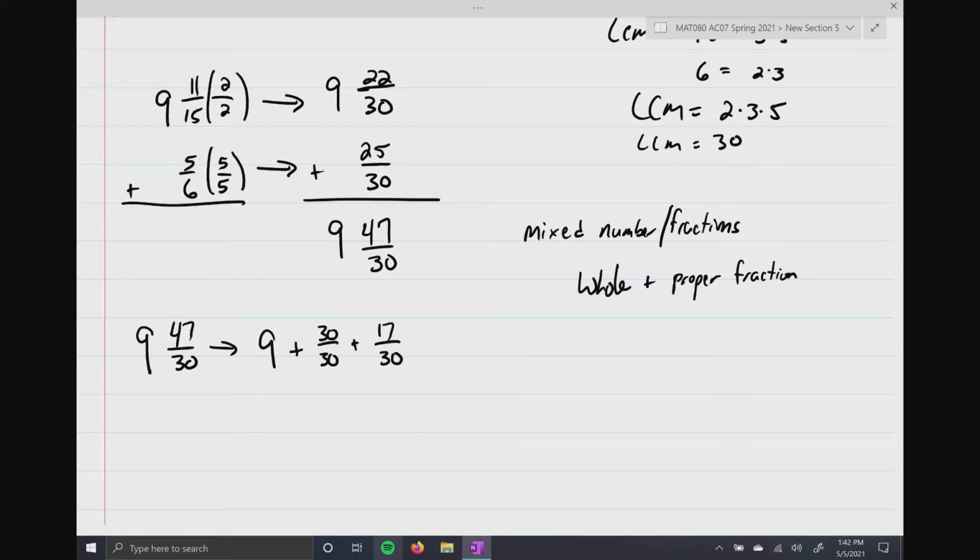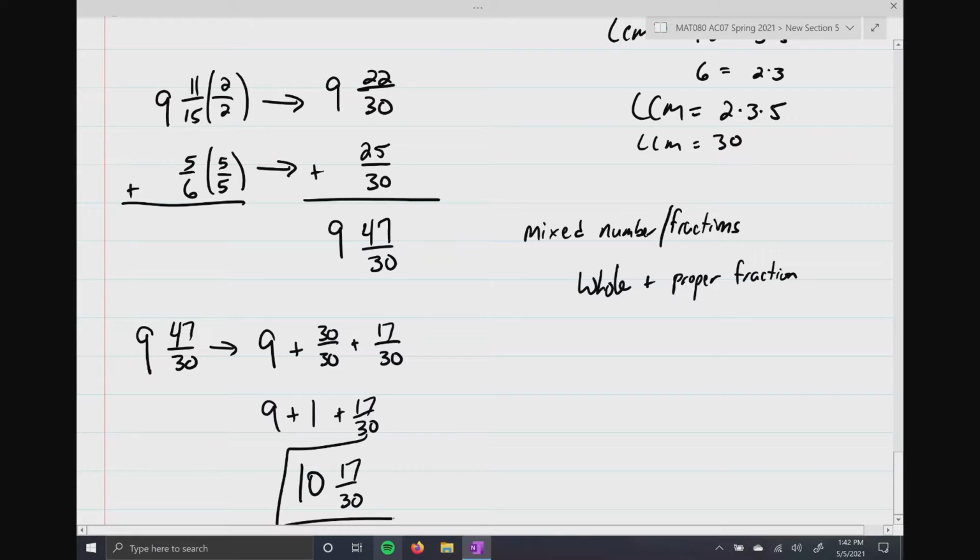Whatever was left over, in this case it was 17, I just write on the tail end. So now this is going to be 9 plus 1 plus 17 over 30, or 10 and 17 over 30 as a final answer.